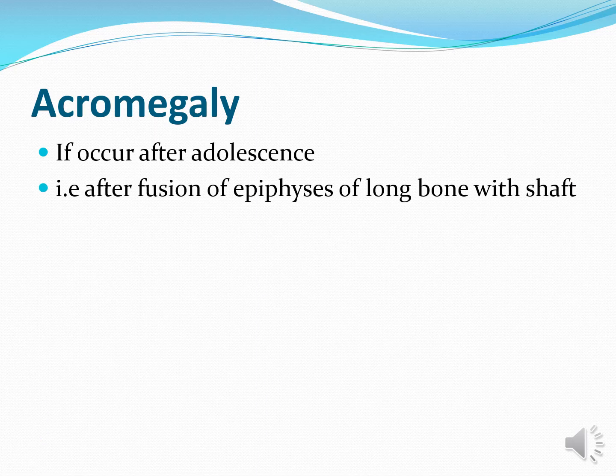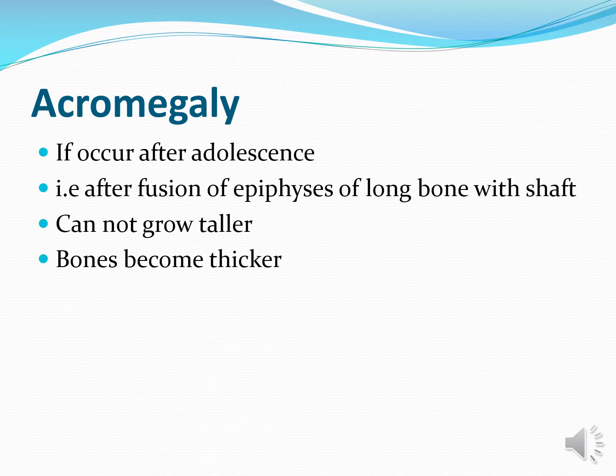In the case of acromegaly, if the acidophilic tumor occurs after adolescence, that is after fusion of epiphyses of long bones with shaft, the person cannot grow taller but becomes thicker. Soft tissue can continue to grow.